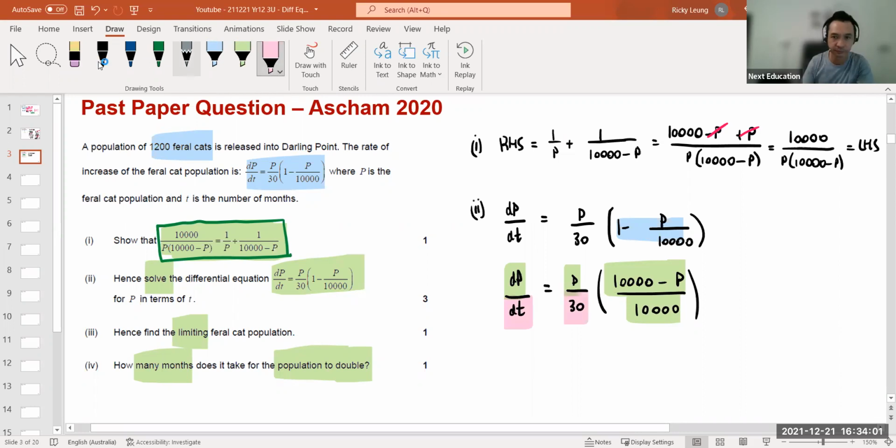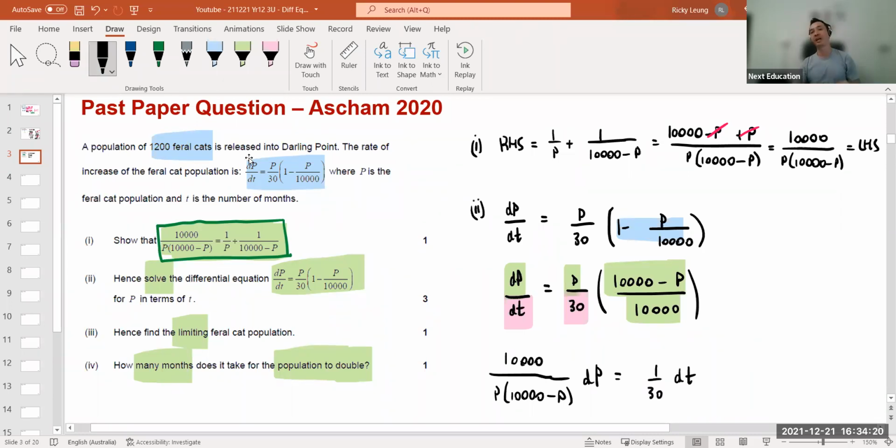So everything over, this guy times this guy downstairs, 10,000 over P times 10,000 minus P dP equals 1 on 30 dt. Yeah, exactly the same as before.